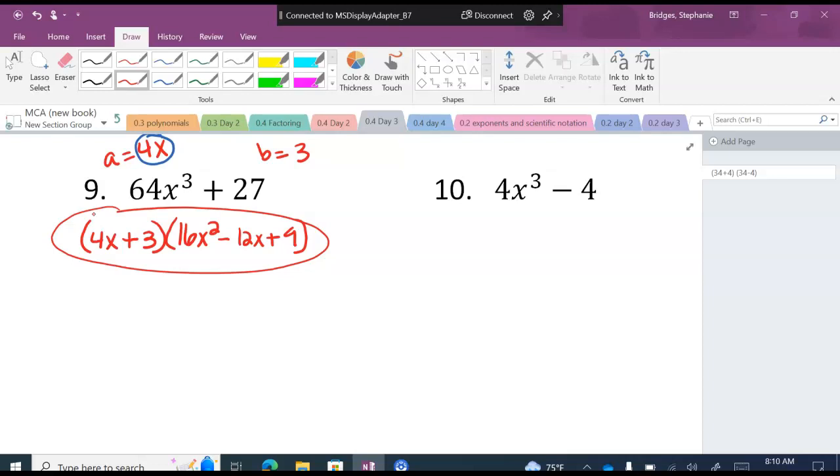Because 4 is a square, but my variable is an x to the third, which is not a square. So we might think we would use difference of squares here. However, they're not both perfect squares. The number part is, but the variable is not. So we just have to keep in mind that we always look for a GCF first.